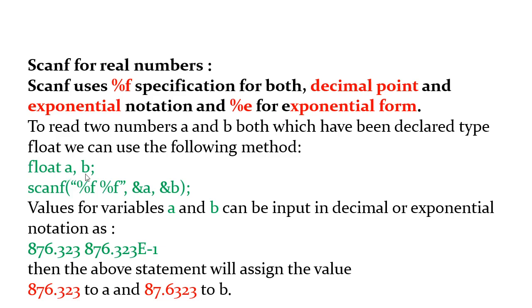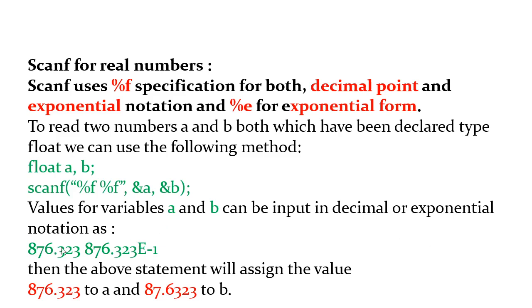For example, float a and b are both float, and scanf with the string %f, so f is for float. Again, this a is a float and b is again a float. So they are preceded by the & character, for their addresses. So values for variables a and b can be input in decimal or exponential notation.